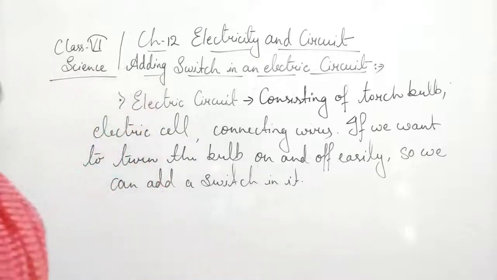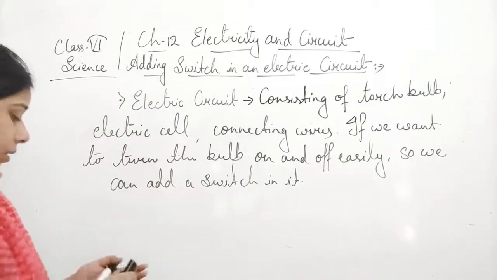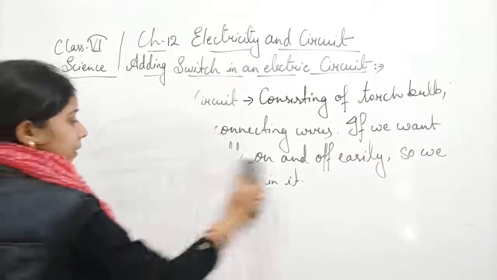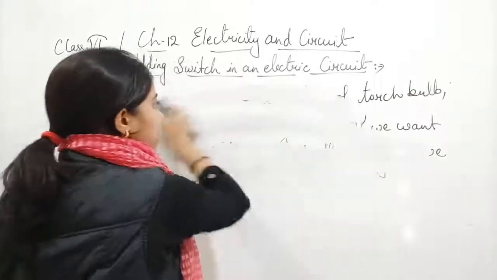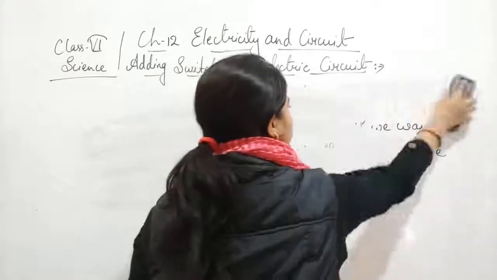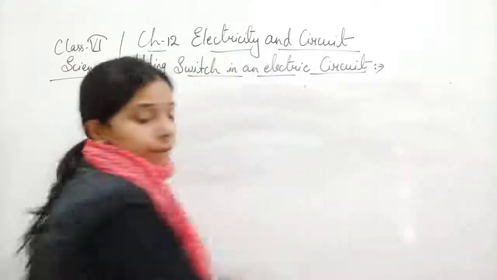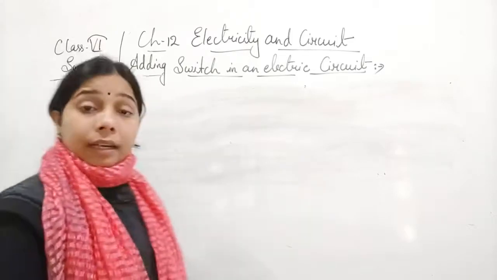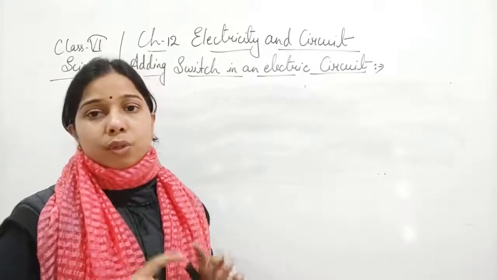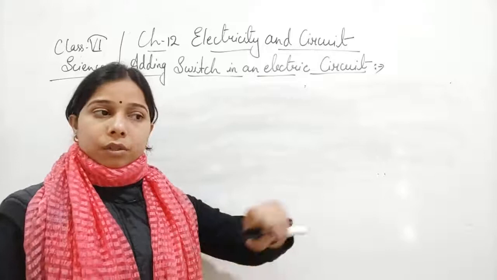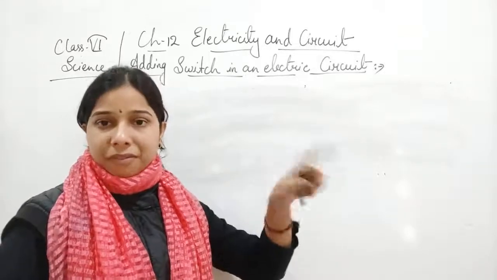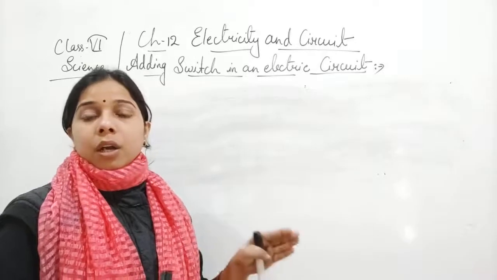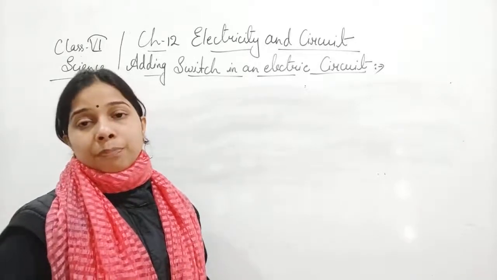Okay, so we have a cell here. So how can we connect it? You see, how can we connect the switch to the two terminals and through the device, and finally with the help of the connecting wire, to the other terminal of the cell?